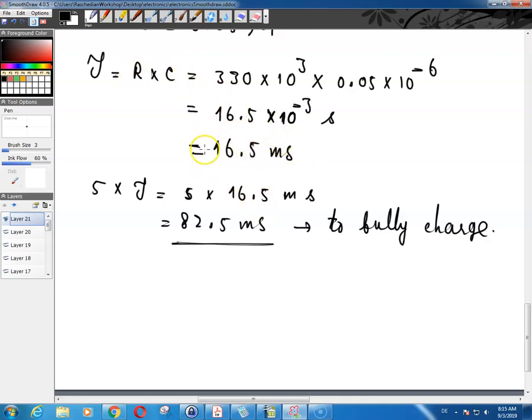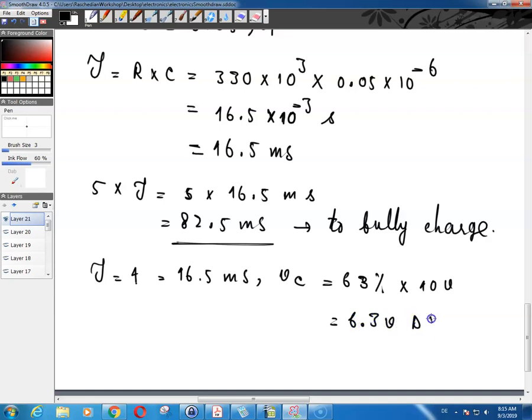So when the time is equal to 1 tau, which is 16.5 milliseconds, then V of C, the voltage across the capacitor, is 63% of the supply voltage, which is 10 volts, which is equal to 6.3 volts DC, essentially after 16.5 milliseconds.